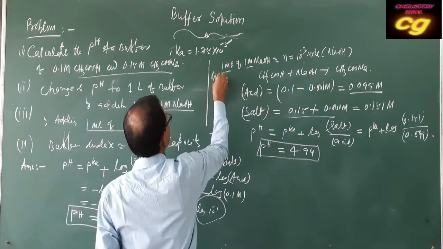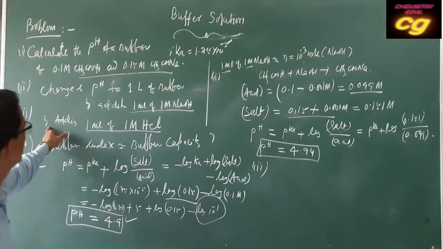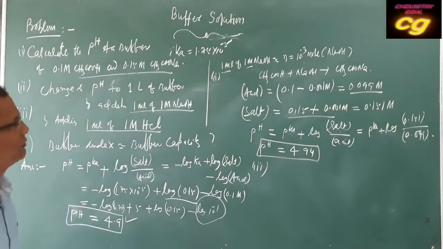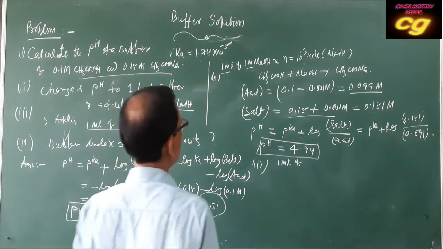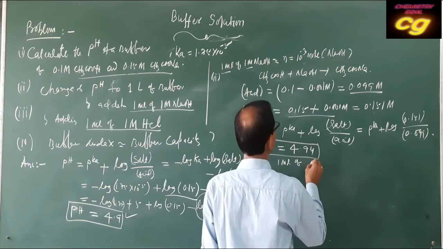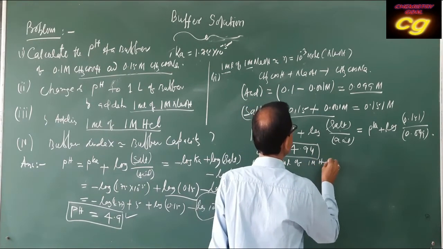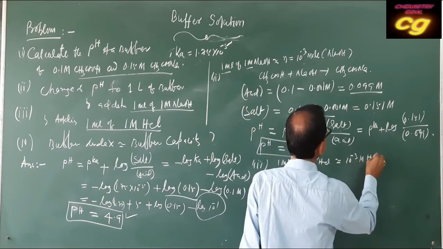The third part is like this: if 1 ml of 1 m HCl is added, what will happen? When acid is added, 1 ml of 1 m HCl is equal to 10 to the power minus 3 m HCl.